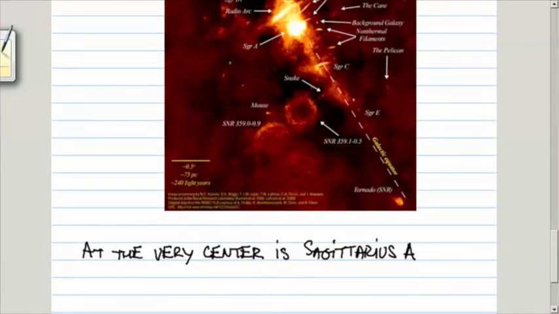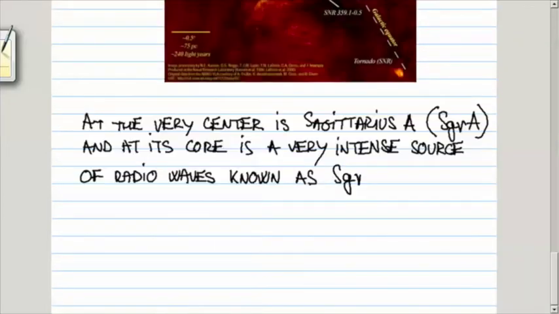Okay, and often it is denoted as SGR A, and in its core there is a very intense source of radio waves. So I'll show a combined radio and X-ray image of the very core of Sagittarius A, SGR A star.